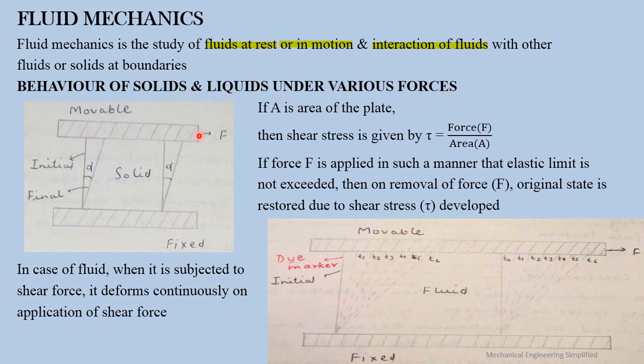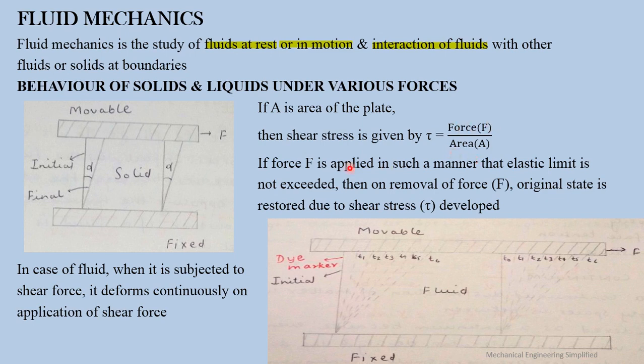See, if there are two plates, this is plate 1, this is plate 2, this is fixed, and this is a movable plate. If this movable plate is applied by a force F and there is a solid in between these two plates, and A is the area of the plate, then the shear stress developed is given by force by area.